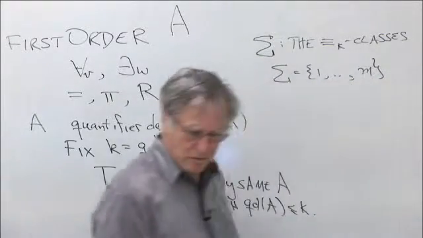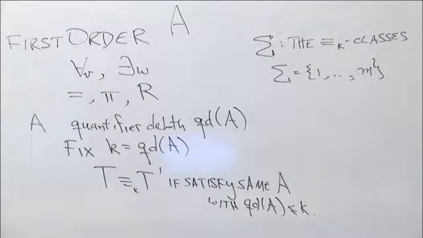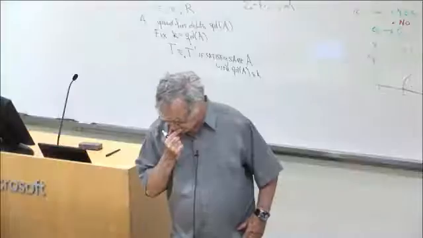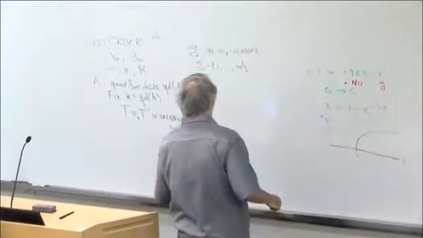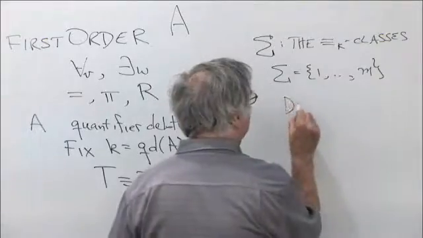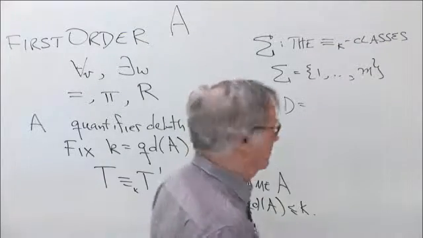But in general, I'm going to have this finite state space sigma, which let me just denote by 1 through m, the states. And we're going to let D be the set of distributions on sigma.